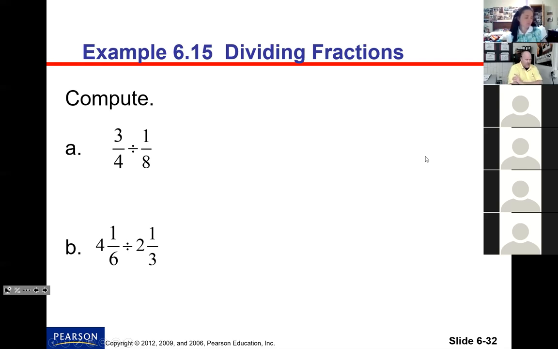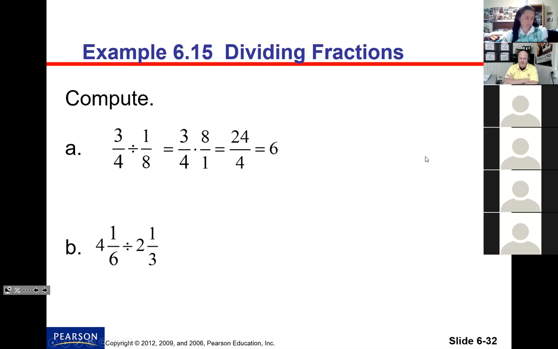So I'm going to get 3 over 4 times 8 over 1. And then you can do the multiplication. 3 times 8 equals 24. 4 times 1 equals 4. And that equals 6. Why 8 over 1? Because it's the reciprocal. We take the numerator and the denominator and just flip them on the second one. That's all we do. It's just a process.